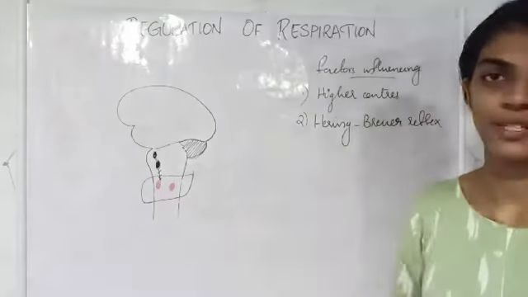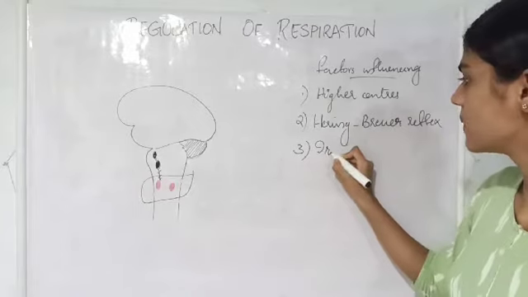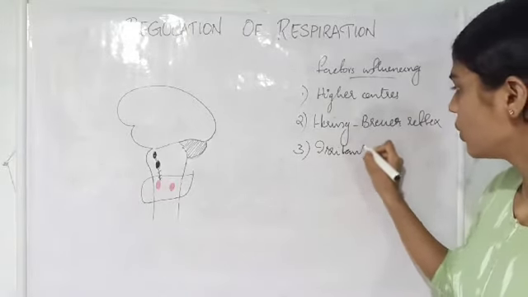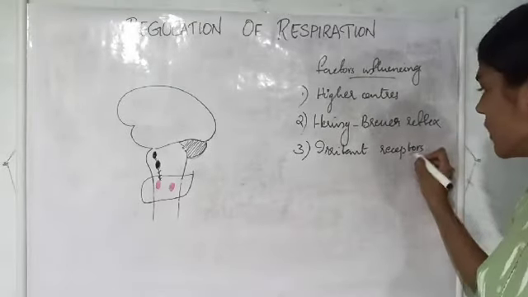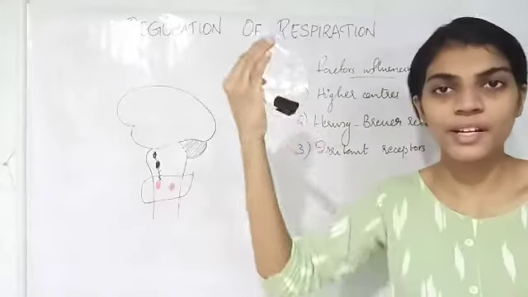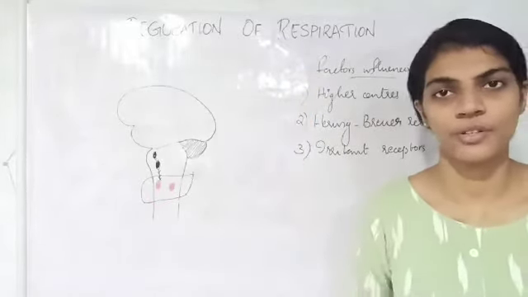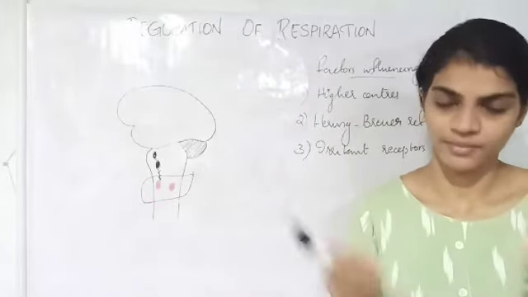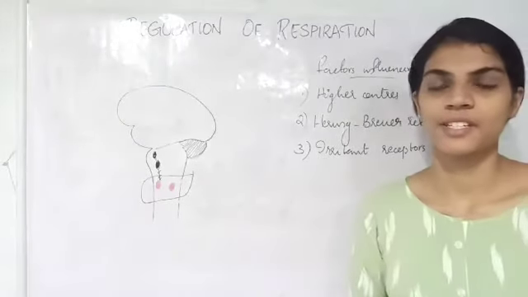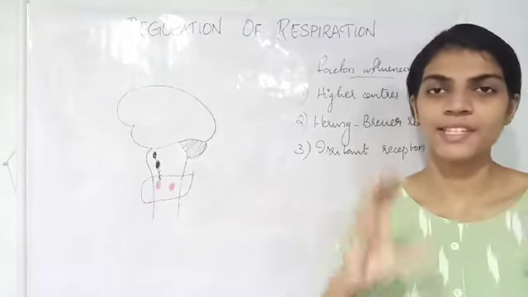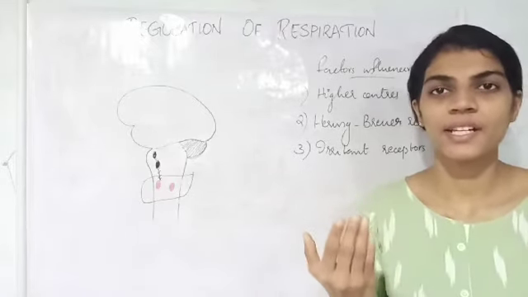And the third one is certain irritant receptors. Not only the stretch receptors, but certain irritant receptors are also present in the respiratory tract, in bronchi and bronchioles, and of course in the lungs. These irritant receptors can be stimulated by certain irritant chemical substances.